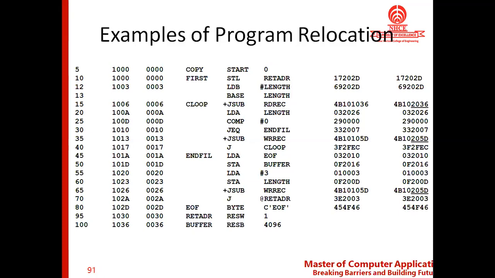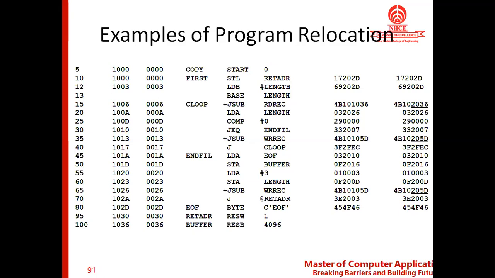How the assembler generates the object code, we have already discussed. So we got the object code for this program as given in the second column from the last. That is the object code for this particular program.